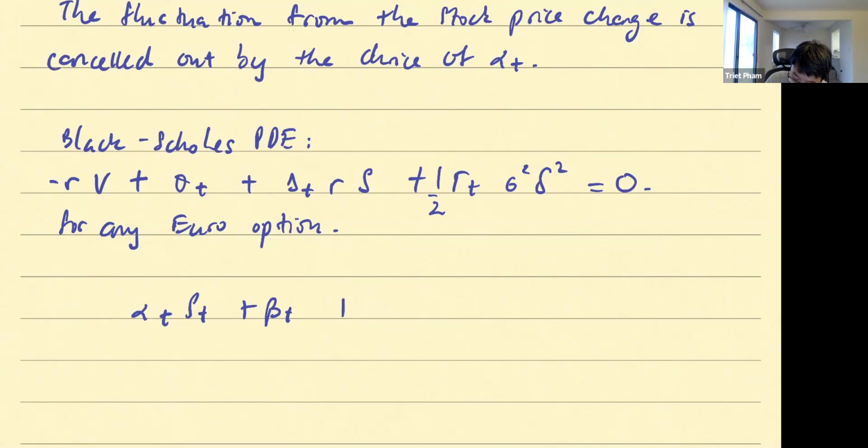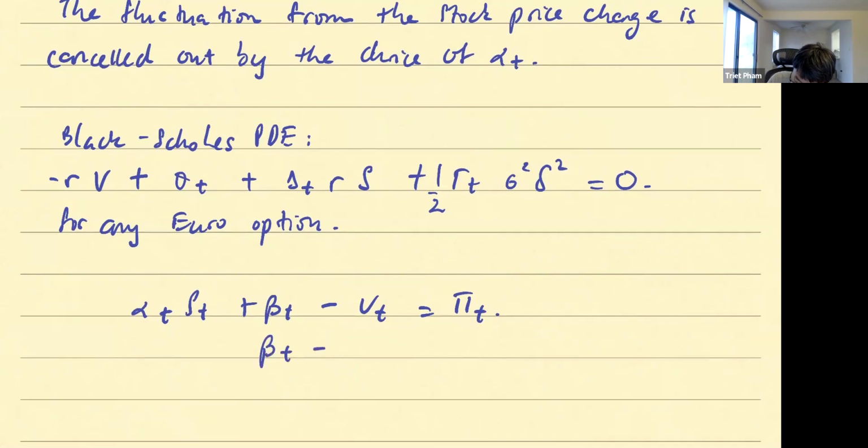Plus VT, because we have one minus VT, is equal to portfolio value. That's always the portfolio: the sum of stock and cash, and then subtracting 1 from the derivative is equal to portfolio value. So in other words, beta T is equal to pi T plus VT minus alpha T ST. All right, very good.